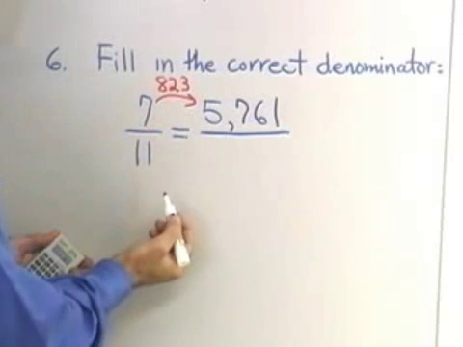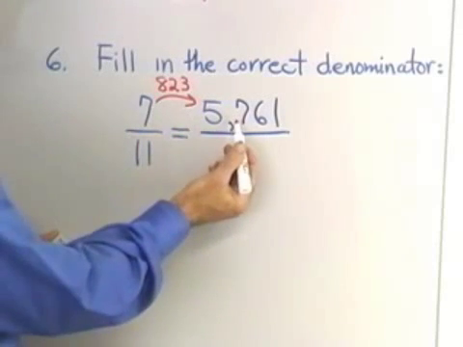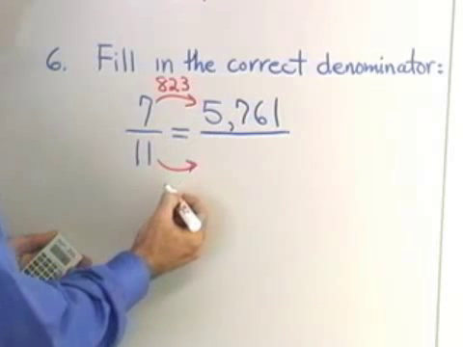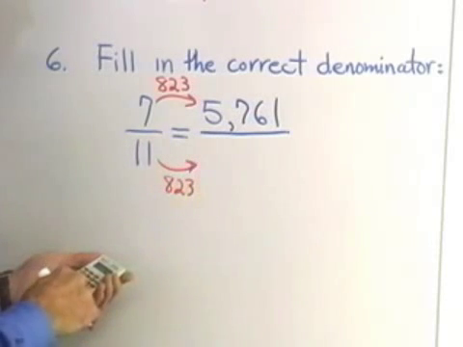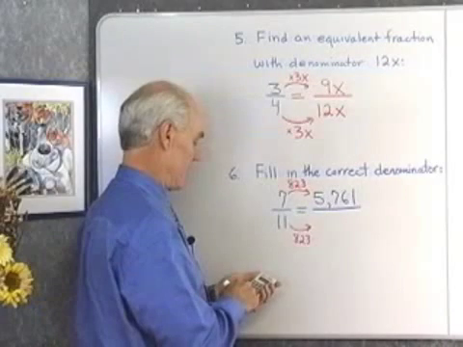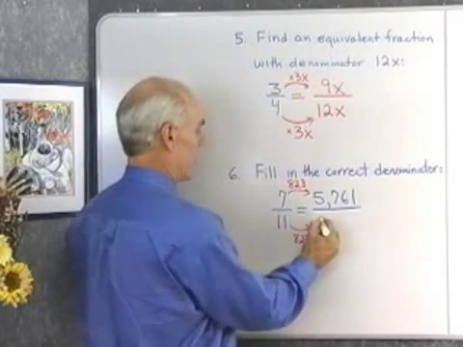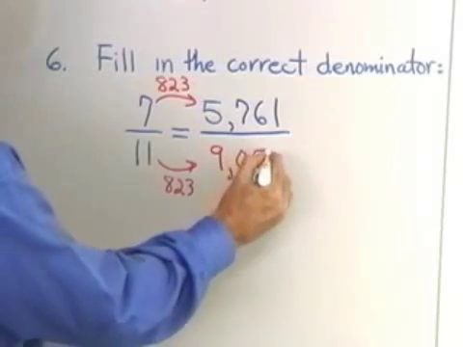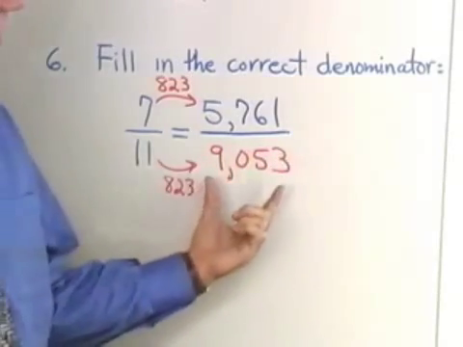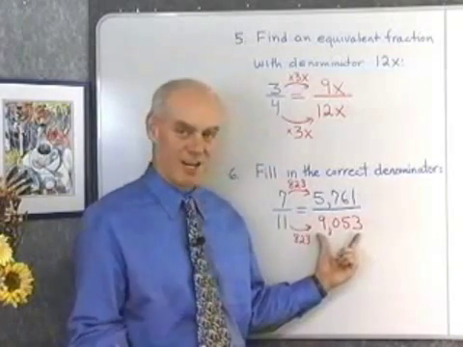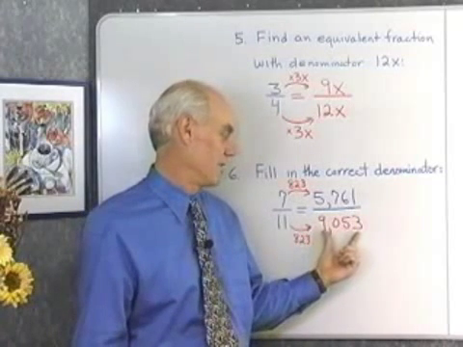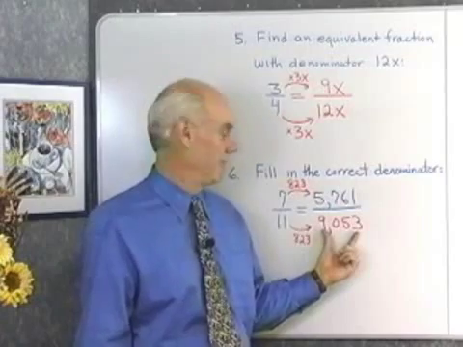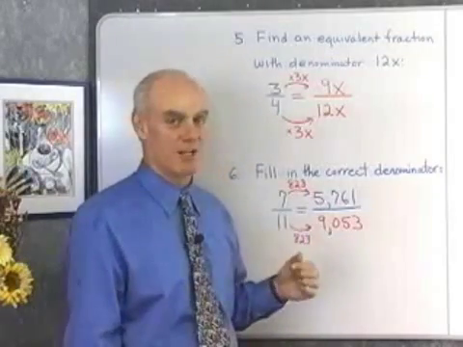So that 823 that I multiply 7 by to get this is the same number I'll multiply 11 by to get my new denominator over here. So I'll just simply take that and multiply times 11, and I end up with 9,053. So even with large numbers like this, in a calculator, it's still easy to work these problems. 5,761 over 9,053 is exactly the same as the fraction 7/11.